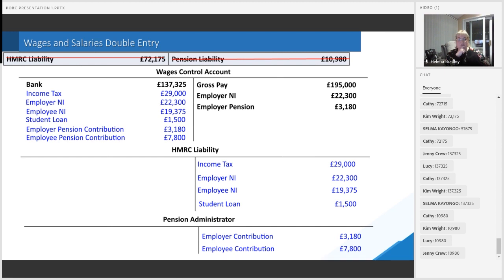They should both total £220,480. Perfect. I would always recommend you do that, because it's so easy when you're nervous for nerves to kick in. It's so easy to overlook a figure, to transpose a figure. There's not many things that we can say, check this and you know you've secured the marks, but that's absolutely something you can do from the control account. The debits and the credits should agree.